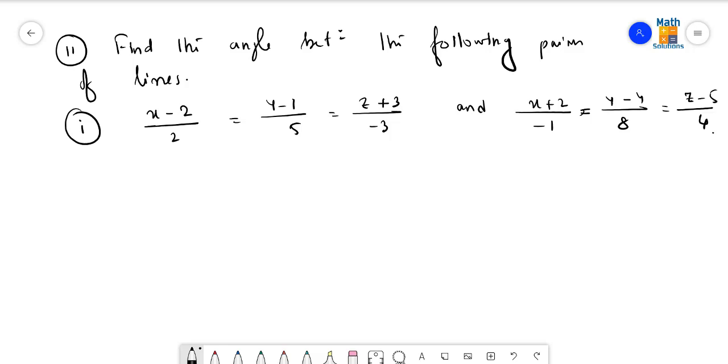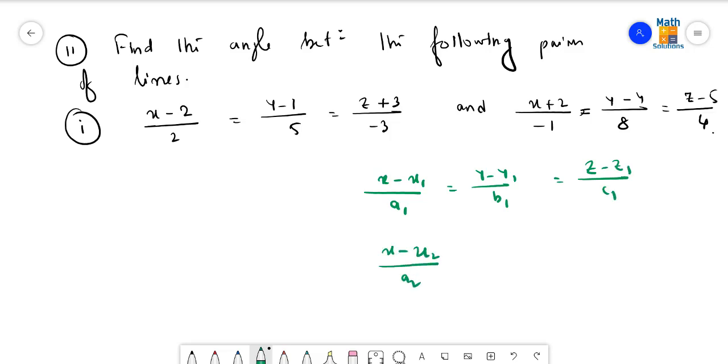So here the formula to be used is, if we get two lines, x minus x1 by a1, then y minus y1 by b1, then z minus z1 by c1, and x minus x2 by a2, then y minus y2 by b2, that is equal to z minus z2 by c2.